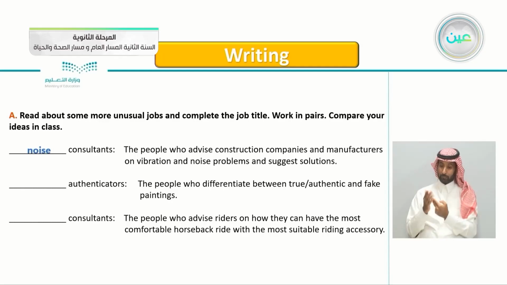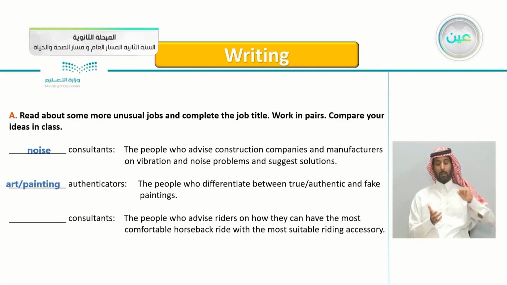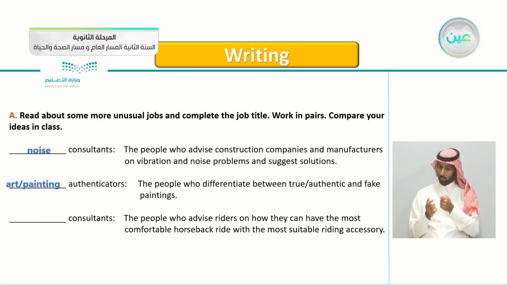So I think this is an easy one. Yes, that's correct. You can say art or painting authenticators. Art authenticators, or you can say painting authenticators. Of course, they have really sharp eyes and they can figure out whether the painting is authentic, original, or not.